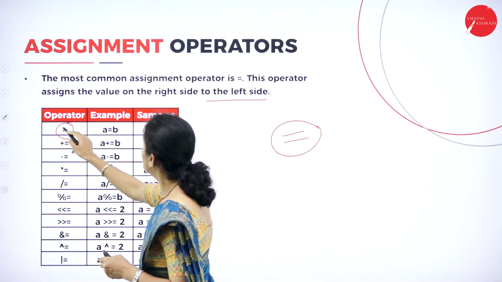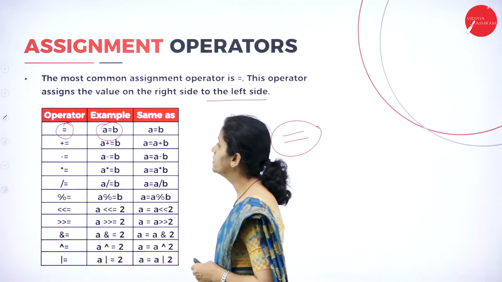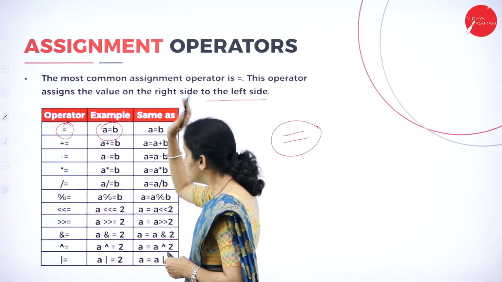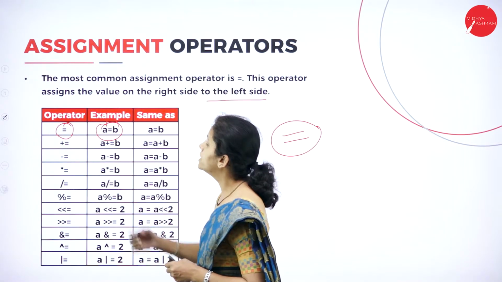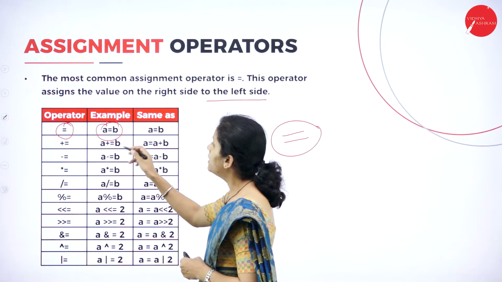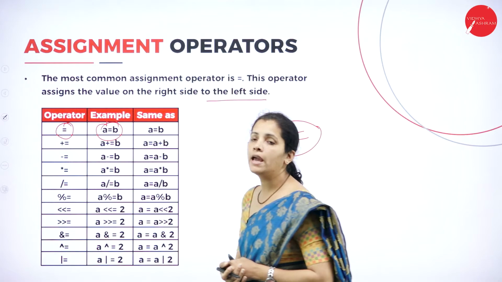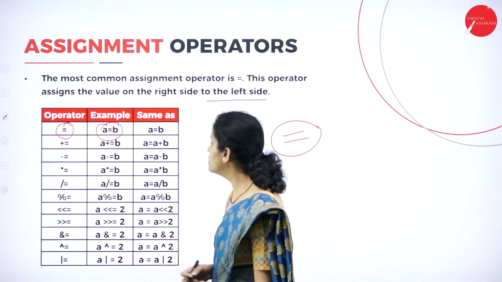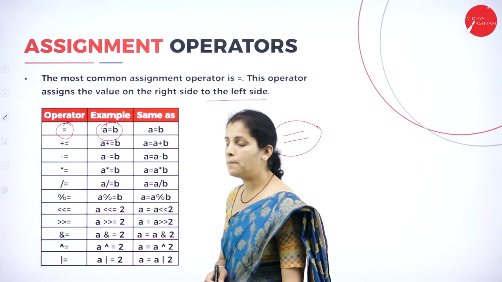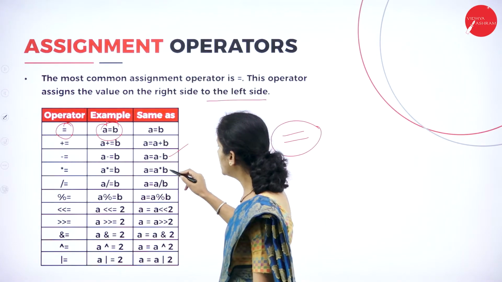So A equal B: I'm going to assign the value which is present in B to A. So A plus equal B, that is A equals A plus B. A minus equal B, that is A equals A minus B, and it is going to continue.